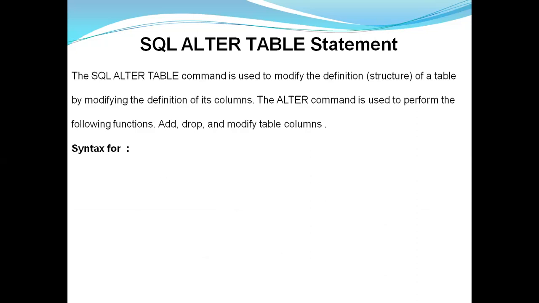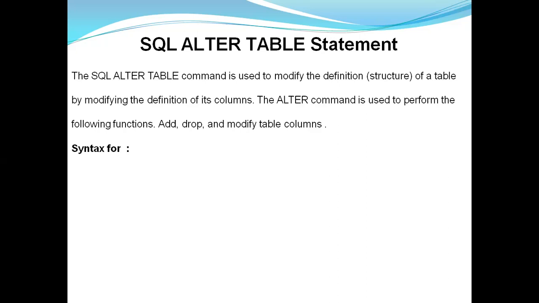Now, the second thing is called the alter table. What is an alter table? Alter table is nothing but when you have to make any changes in an existing structure, it is called an alteration of the table.